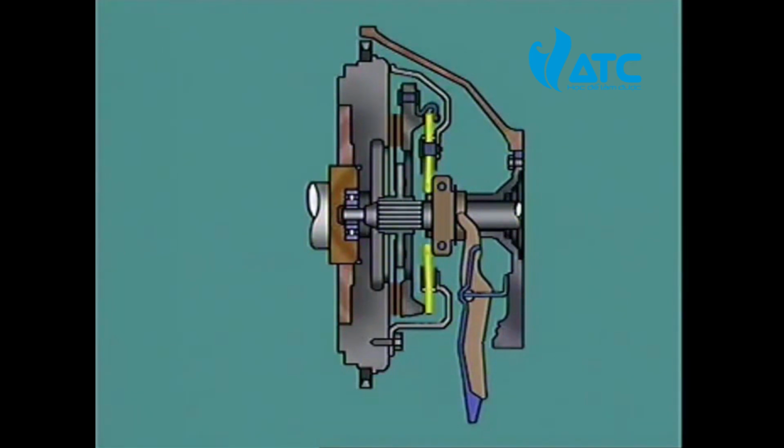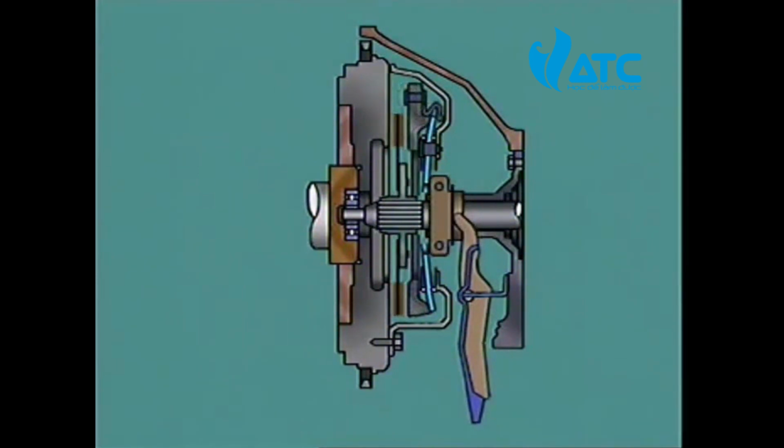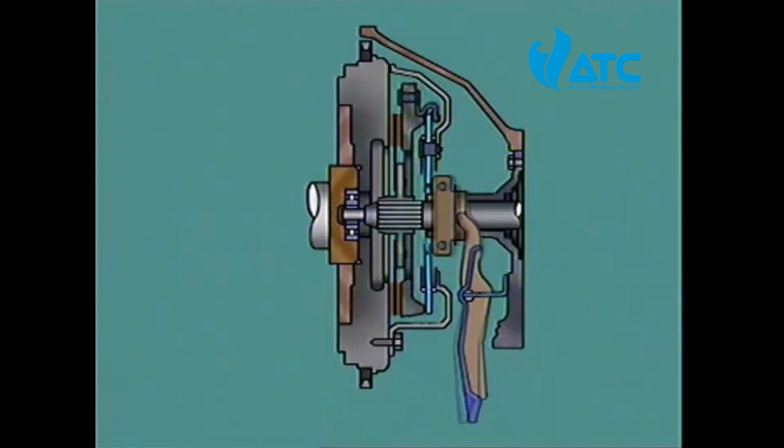The diaphragm pivots on its fulcrum rings, causing the outer edge to move in the opposite direction and act on the pressure plate retraction clips. The pressure plate disengages and drive is no longer transmitted. Releasing the pedal allows the diaphragm to reapply its clamping force and engage the clutch, and drive is restored.